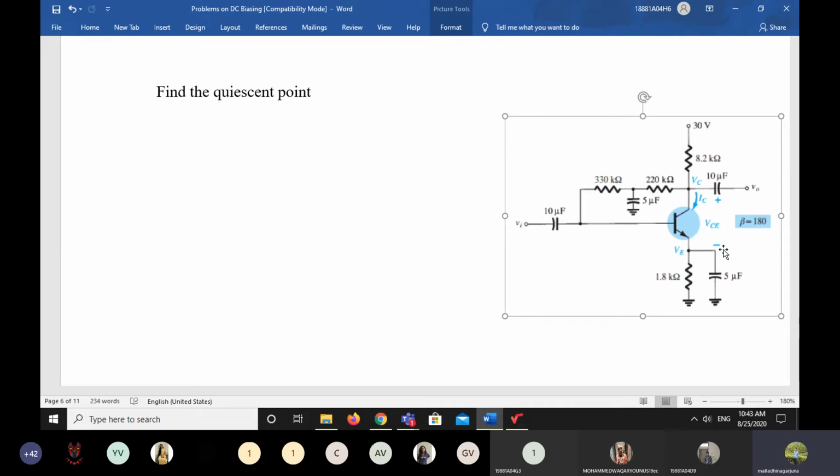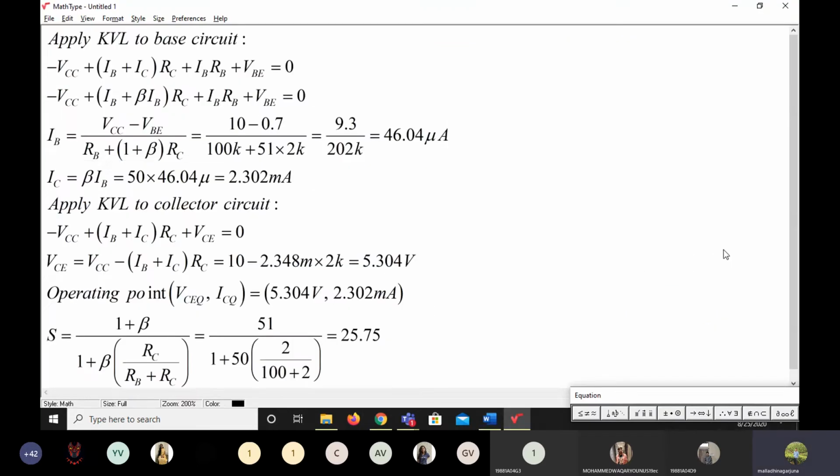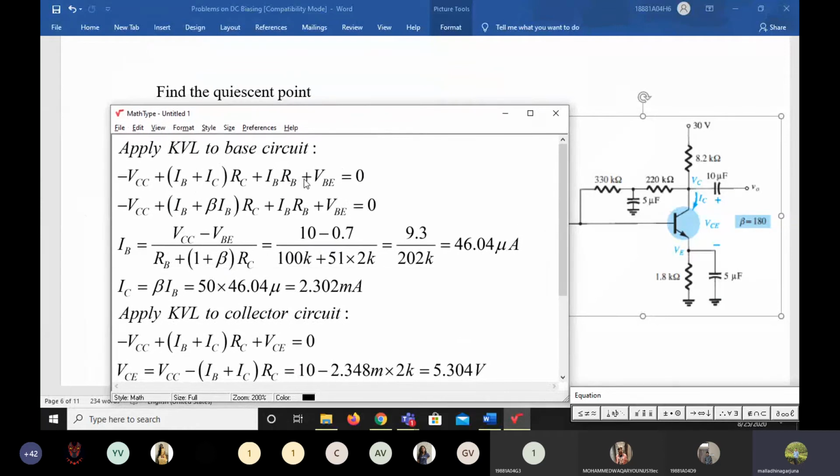In the previous solution, so, okay, this is the solution here. Here one extra element, that is RE into IE, plus VBE plus RE into IE equal to 0.